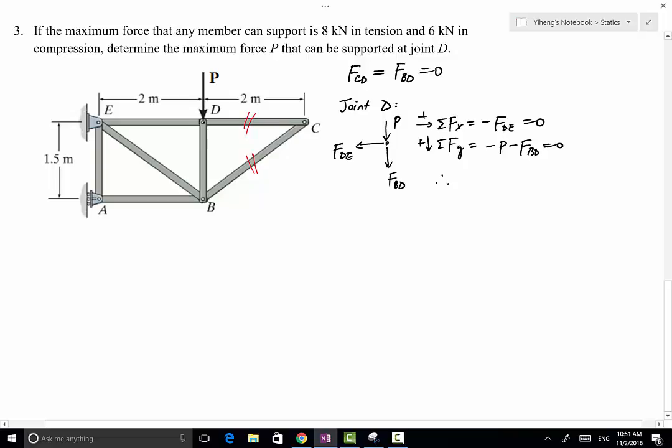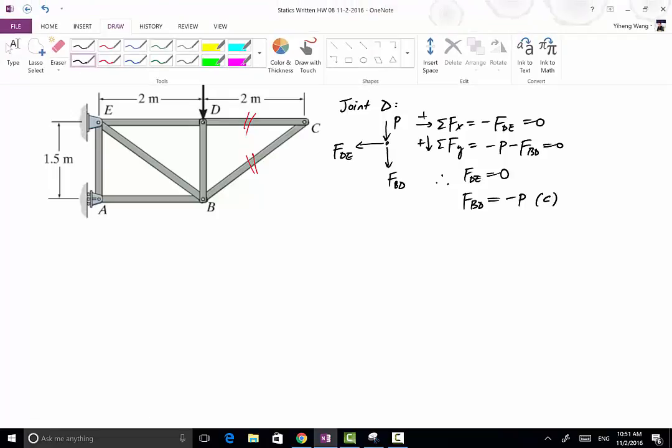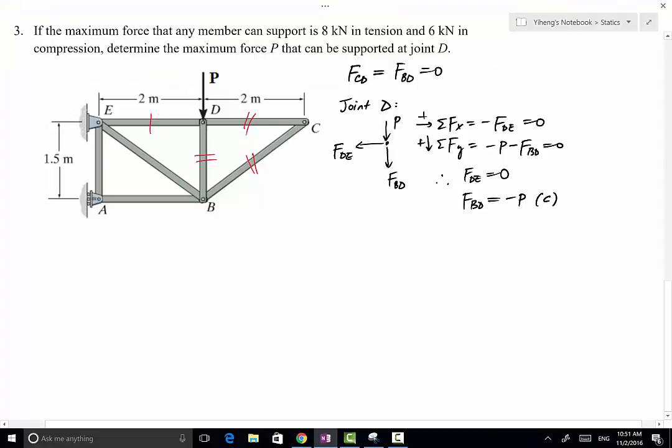From there, we can solve for FDE, that is always 0, and then FBD equals negative P. We're assuming that the direction of P is always vertical down. Therefore, FBD must be a compressive force. So now we have solved for BD and DE.